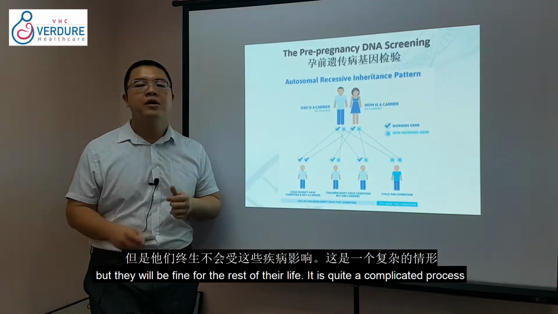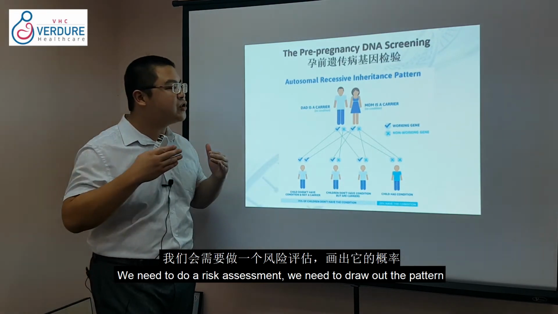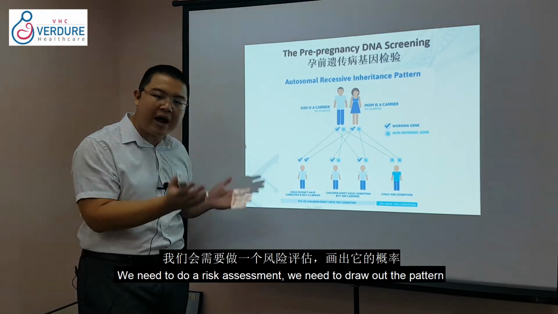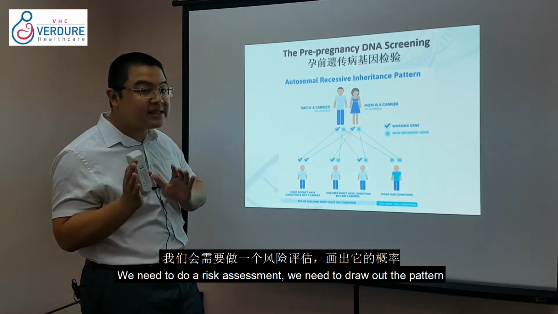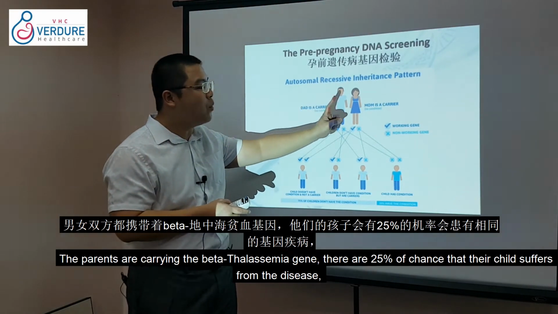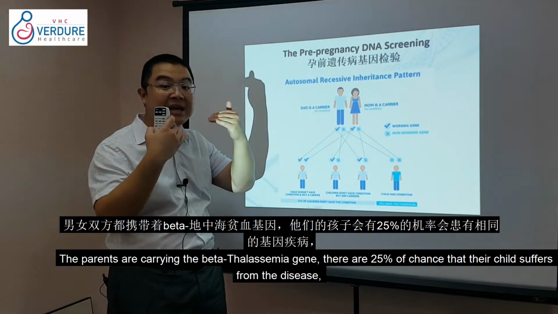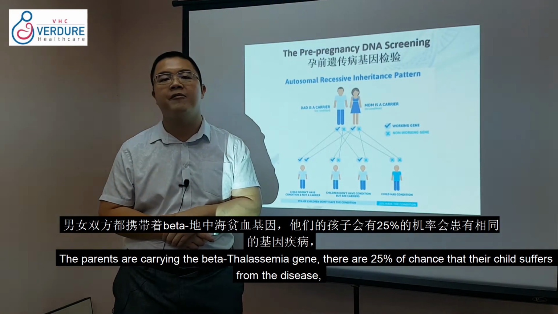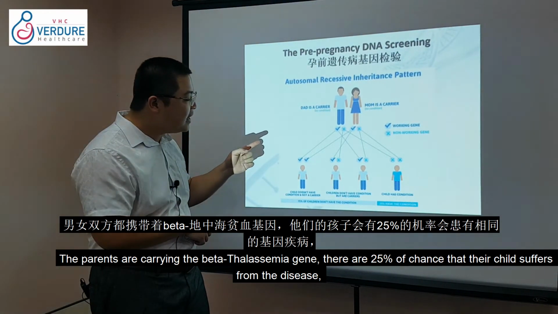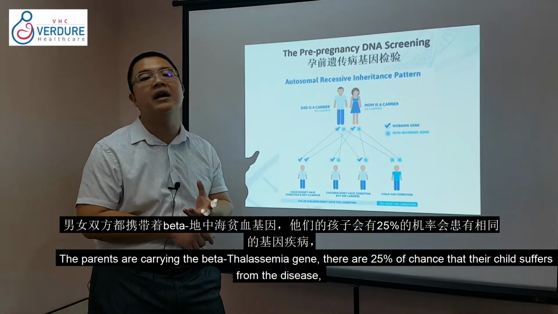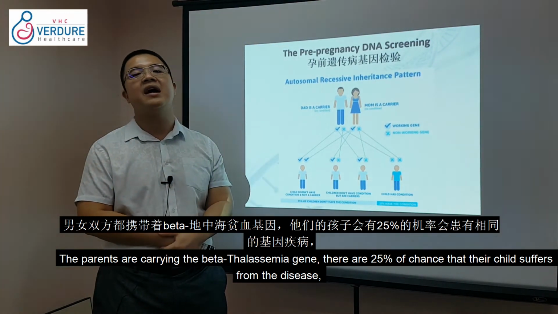But anyhow, the result is that we need to do a risk assessment, okay? So we need to draw out the pattern whereby, using that example just now, if the wife has the beta thalassemia gene being carried in her body and her husband is also a carrier of beta thalassemia, there will be a 25% chance of the baby being afflicted with beta thalassemia.